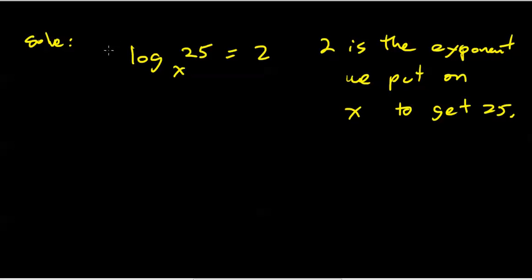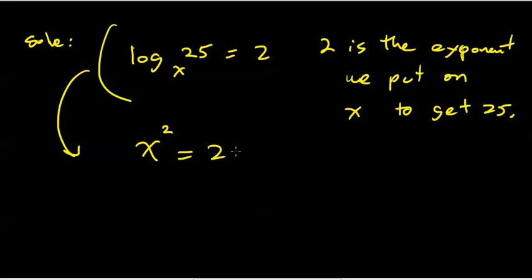If I rewrite this logarithm form equation into exponential form, I get x squared equals 25. 2 is the exponent we put on x to get 25. So this original equation is in log form, and this equation is converted into exponential form.